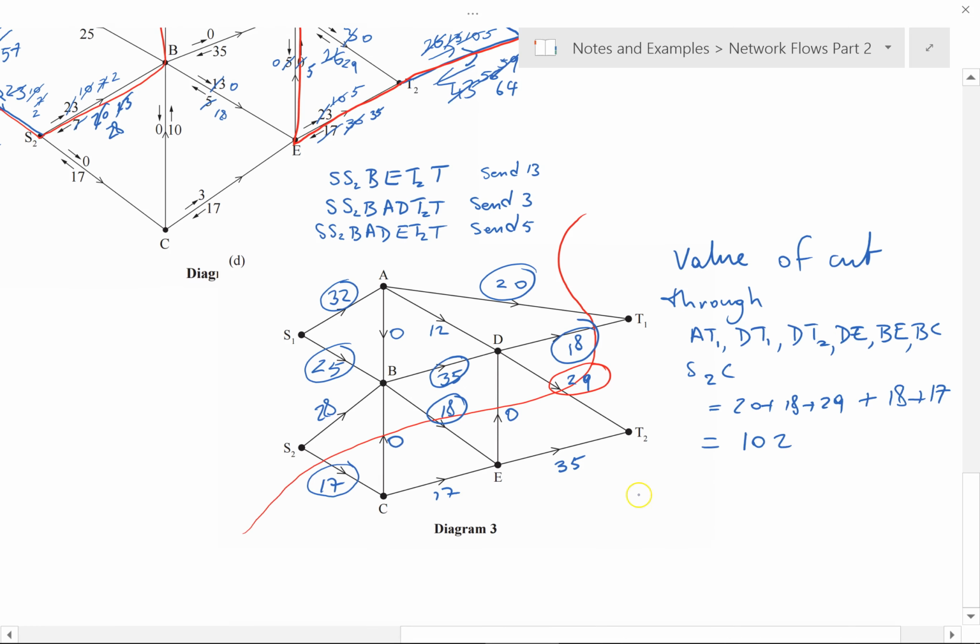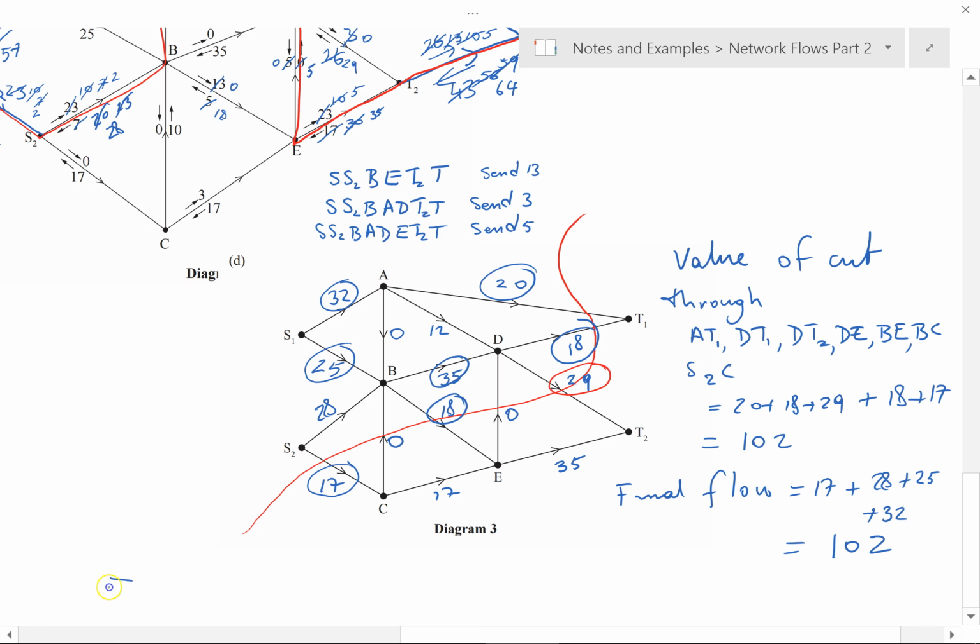Now the final flow we can just look at anything from the actual sources is equal to 17 plus, we can just add these numbers together, 17, 28, 25 and 32. And that equals 102.